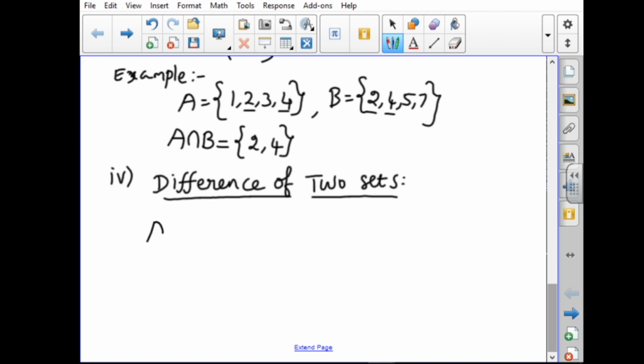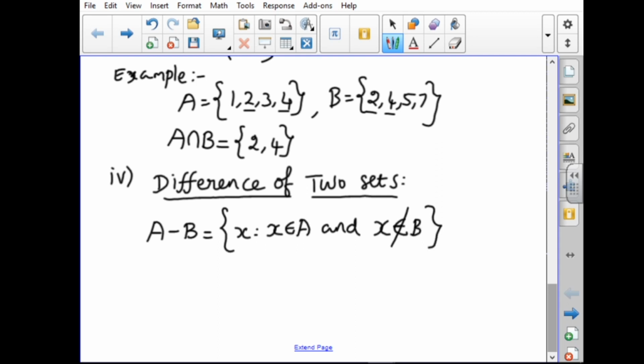For example, A minus B is equal to the set of X such that X belongs to A and X does not belong to B. Are you clear?